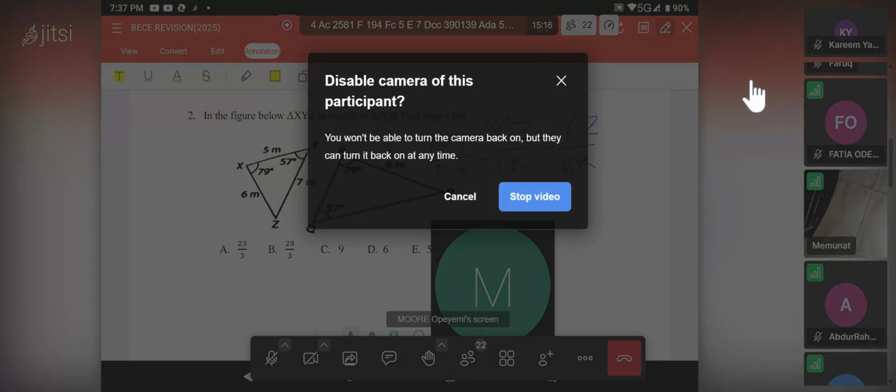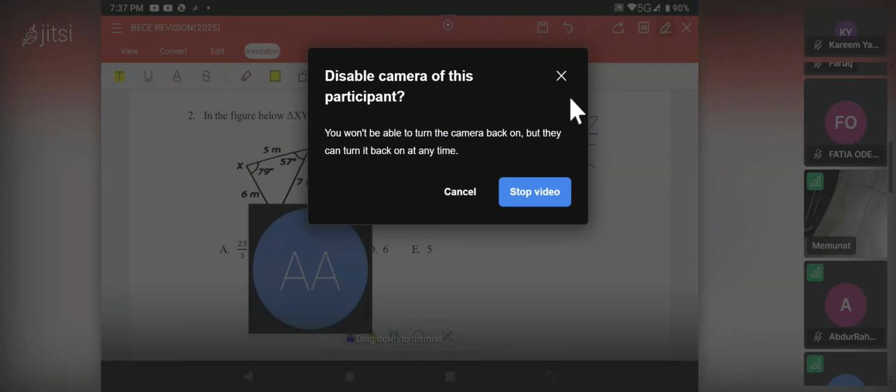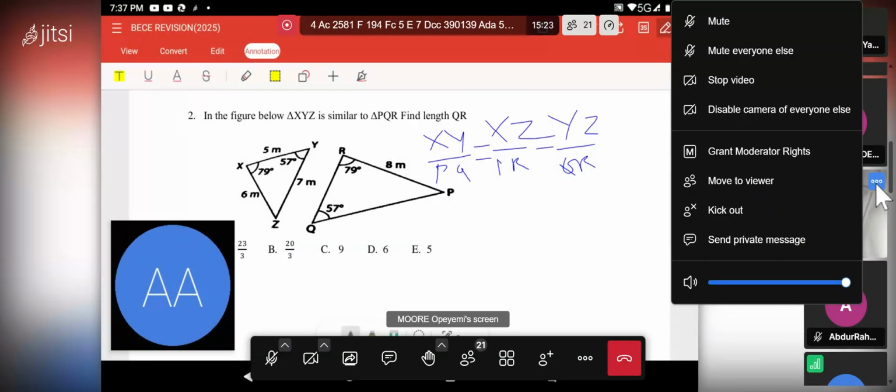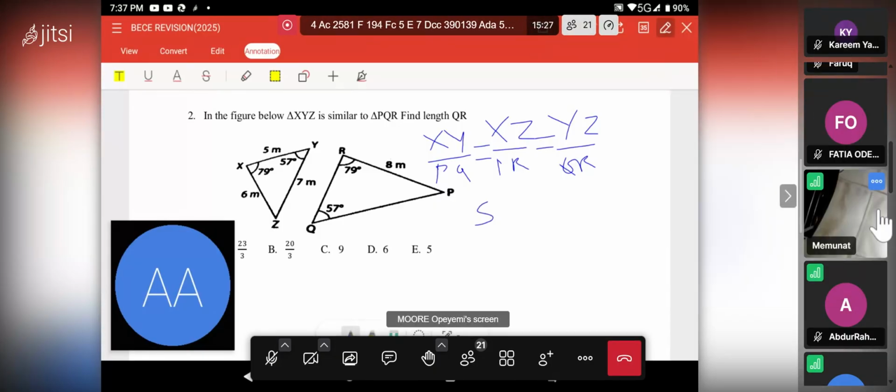Once you get it like this, you go back to the triangles. What is XY? From the diagram, XY is 5. PQ from the other side, we don't know it.